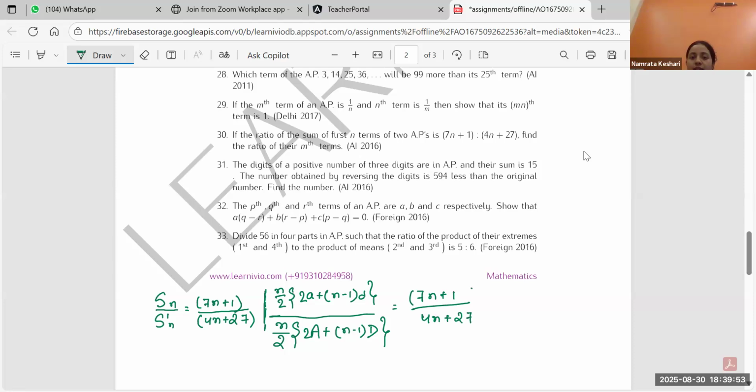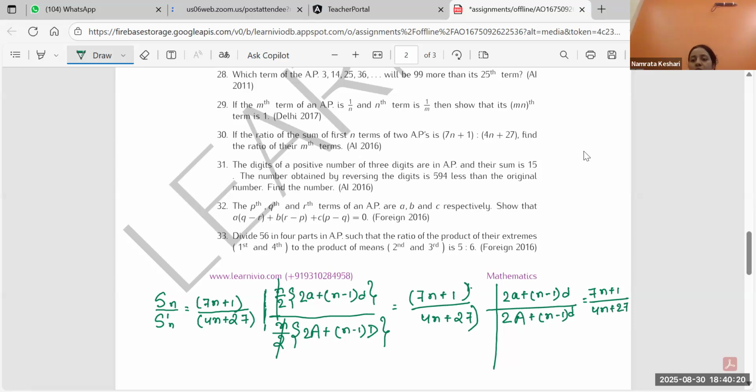Now we realize that here n by 2, here n by 2 gone, and we are just left with 2a plus n minus 1 into d over 2a plus n minus 1 into d, that is 7n plus 1 over 4n plus 27.